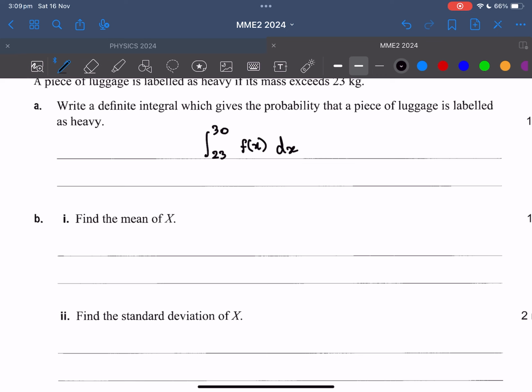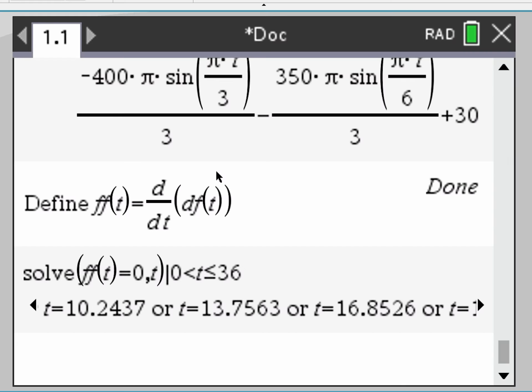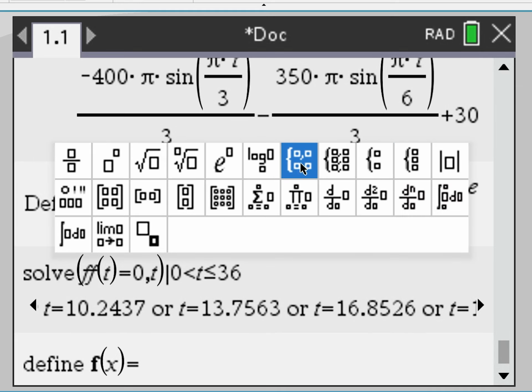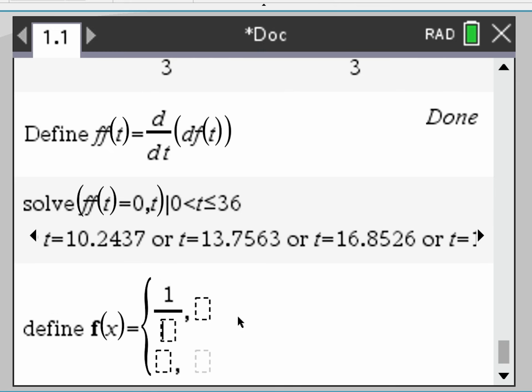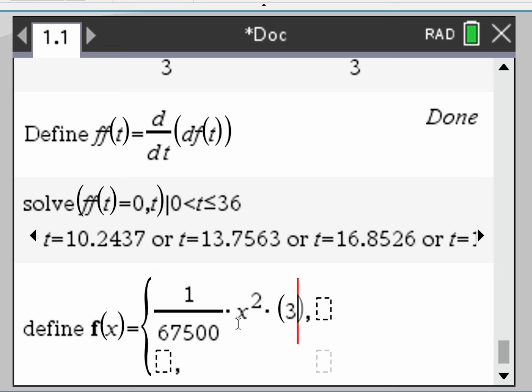That's our definite integral. Okay, so find the mean of X. Very well. So in that case, let's define the function first. So define f of x is equal to, we have a piecewise function again, so we need this one, 1 on 67500 times x squared times 30 minus x, for 0 less than or equal to x less than or equal to 30, and this one is 0.